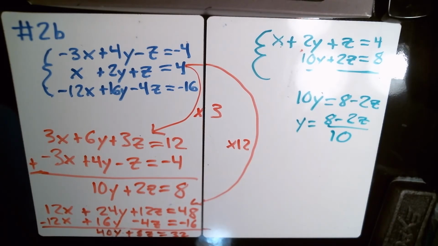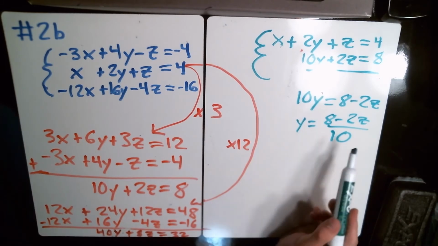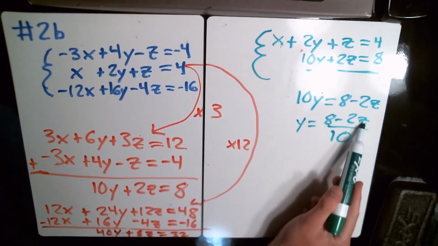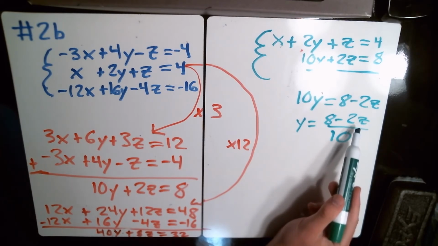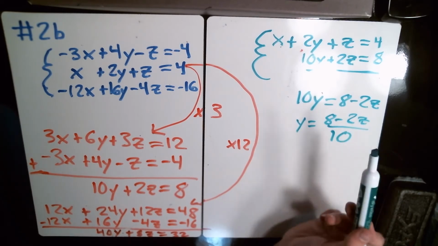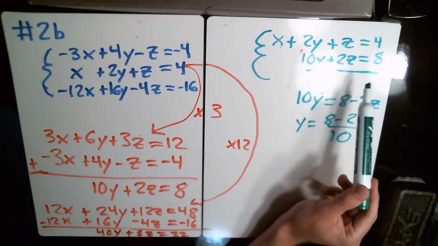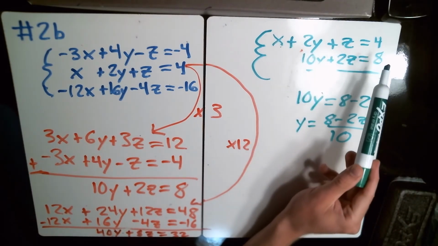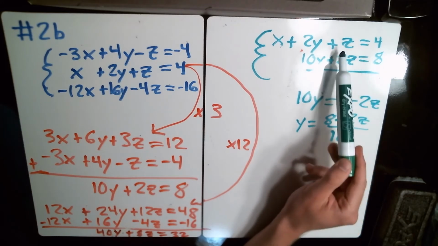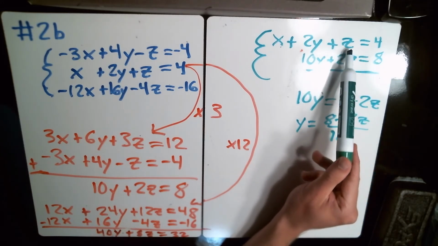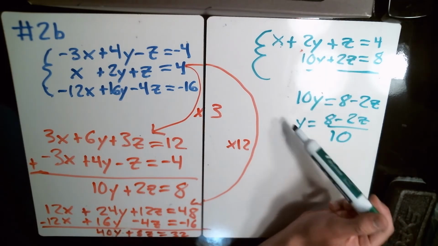So I can pick any z that I want, and as long as y is this, just plug that z in, I will get something that will work in this equation. Okay? Now for this top equation, once I can pick any z that I want, that will fix what y is.